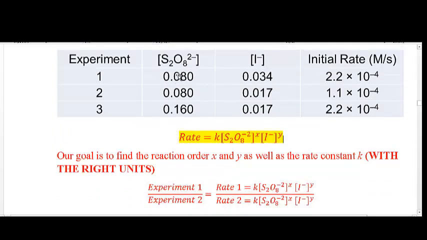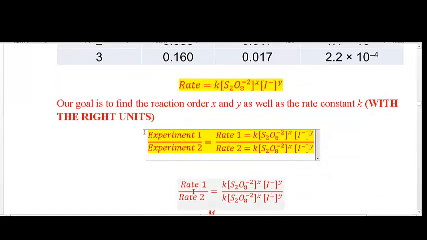So I'll compare experiment 1 and 2. Rate of 1 over rate 2 is equal to the initial concentrations of the reactants, each one raised to its order. That is shown here. Just split this apart. Rate 1 over rate 2 is equal to the rate and concentrations at experiment 1 divided by the rate and concentrations at experiment 2.